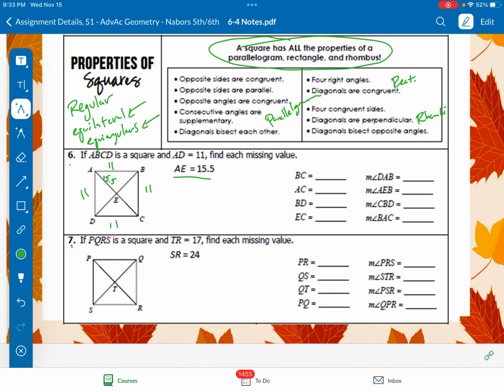And if AE is 15.5, that means BE is 15.5, which means EC is 15.5, which means DE is 15.5. So BC, 11, AC, 31, BD, 31, EC, 15.5. Easy enough.